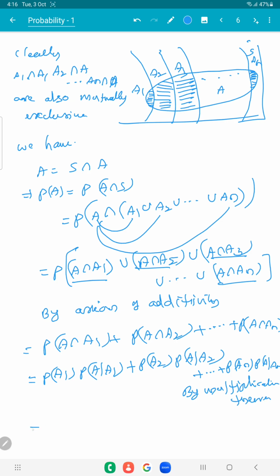This can be written as the summation of P of Ai into P of A given Ai, i equal to 1 to n.